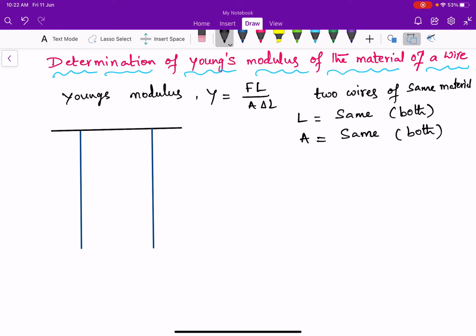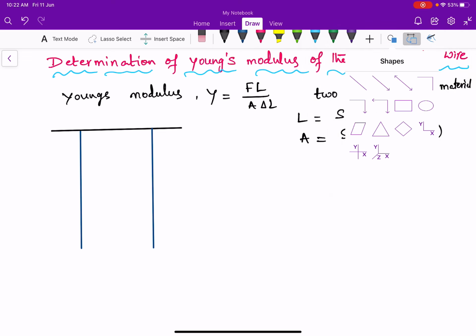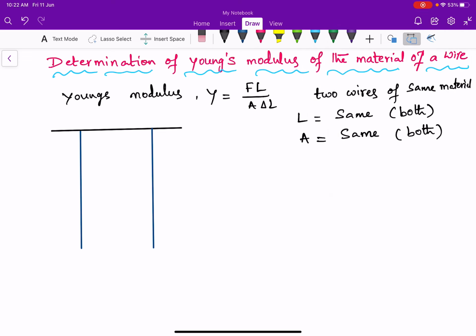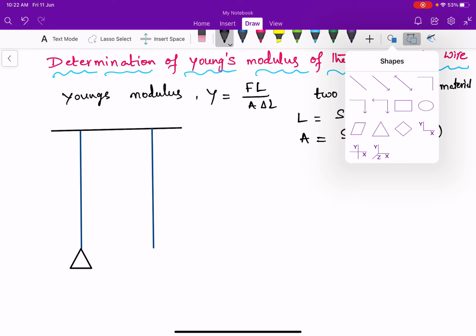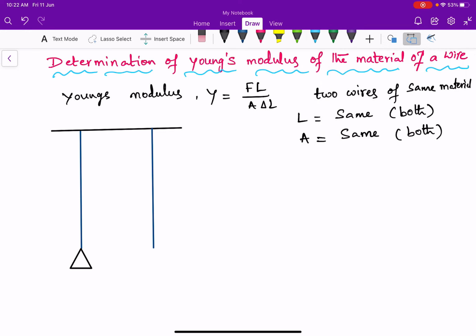So here I am attaching pans to these two wires, to add weights to both of them.